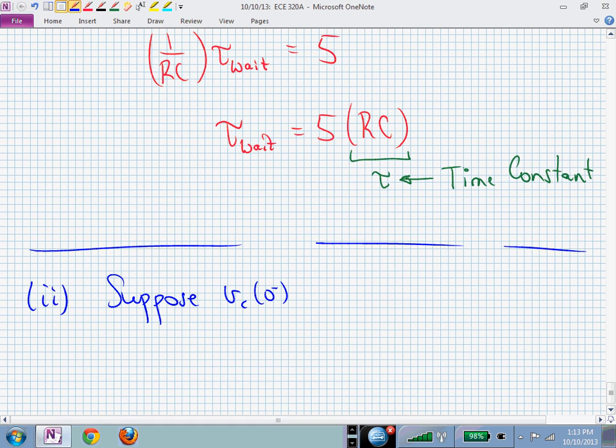Let me just neglect it. So let me just set that equal to 0. Let's say that the capacitor is not charged up when we throw the switch. And suppose that we turn this on by applying a sinusoid at 0.